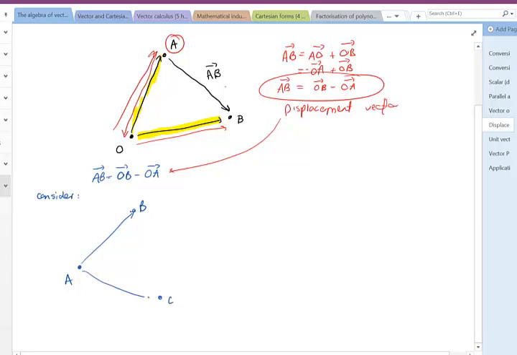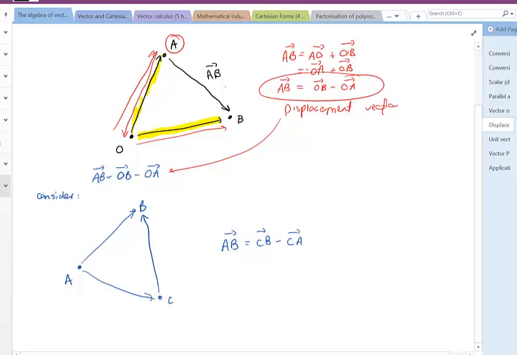We can go AC, CB, and that vector AB relative to that common origin C will be CB subtract CA.